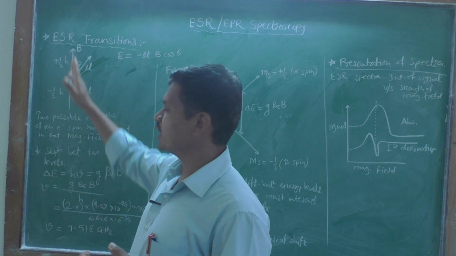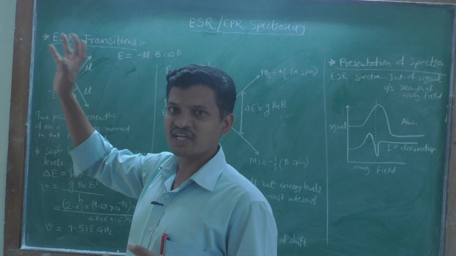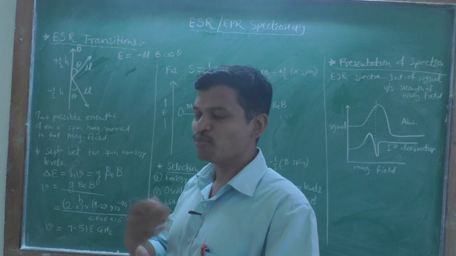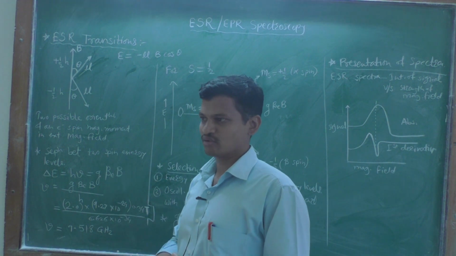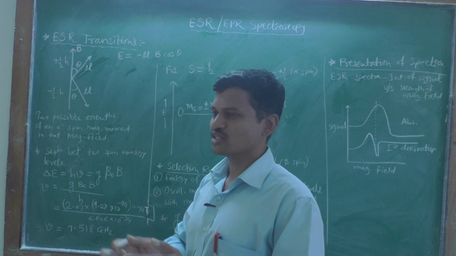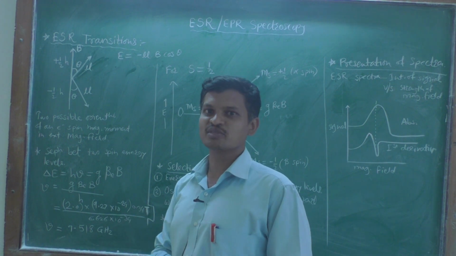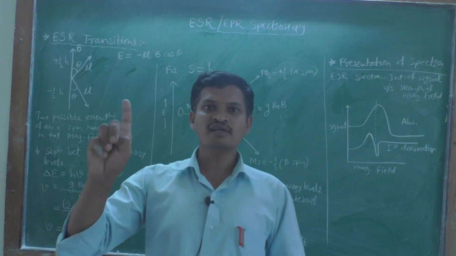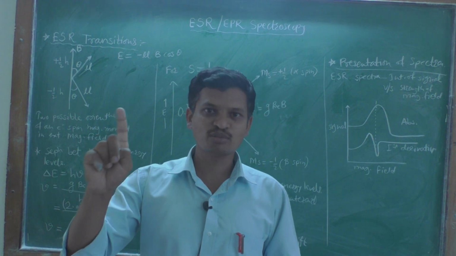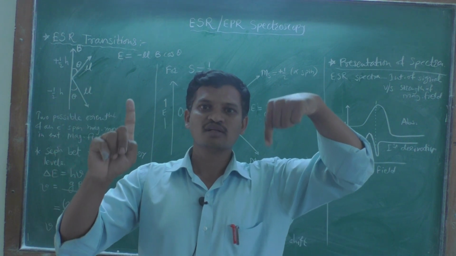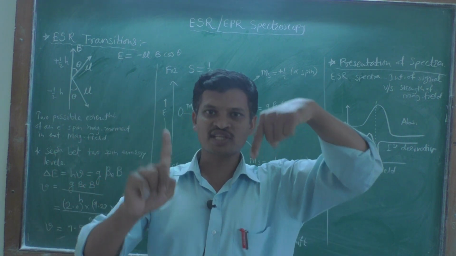When we apply a magnetic field externally, the originally present magnetic moments of that electron tend to align themselves either in the direction of the magnetic field or opposite to the direction of the magnetic field. So these are the two cases.